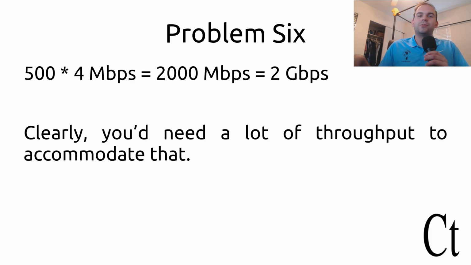So again, we're going to assume 100% link usage, and we're going to ignore all HTTP stuff. Well, 500 people times 4 megabits per second, that's 2 gigabits per second. Clearly, you'd need a lot of throughput to accommodate that. And again, since we did 88% link usage earlier, it's more like 2.2, 2.5 gigabits per second. That is a lot.